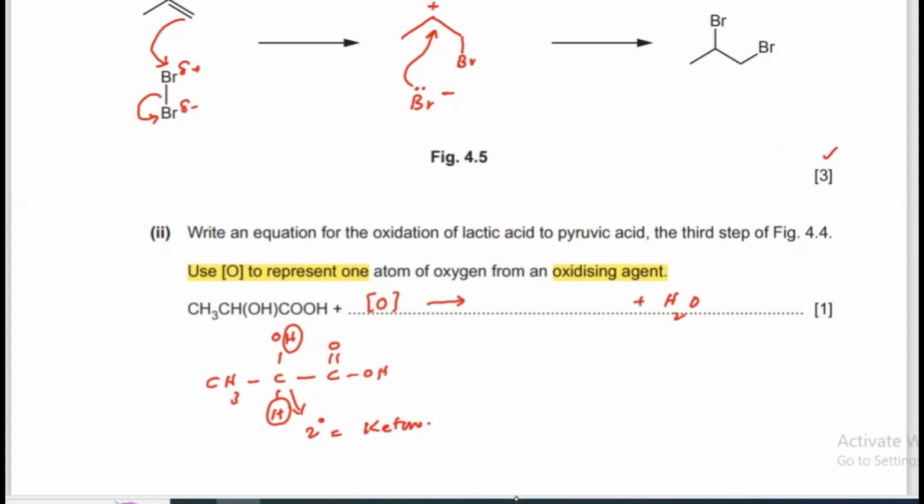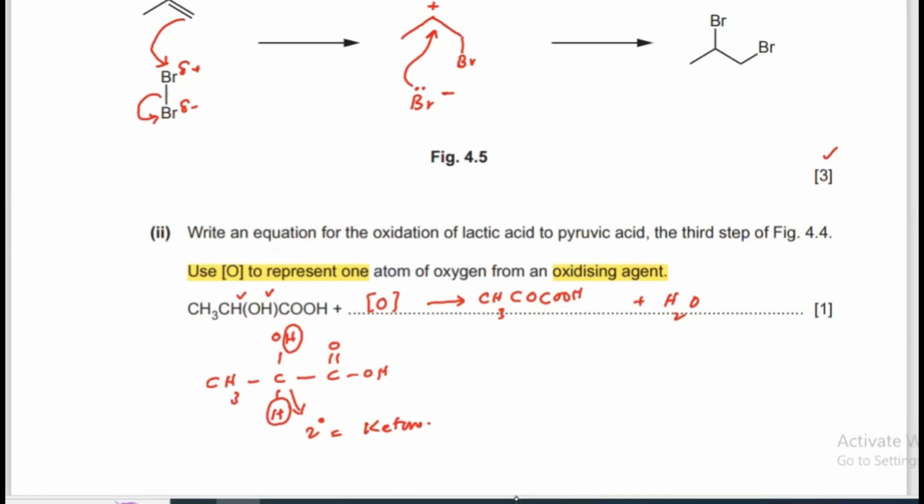So just copy the product without these hydrogens: CH3, then CO, and then COOH. This is the final product because you have the ketone and the carboxylic acid, and you have to show the water as well.